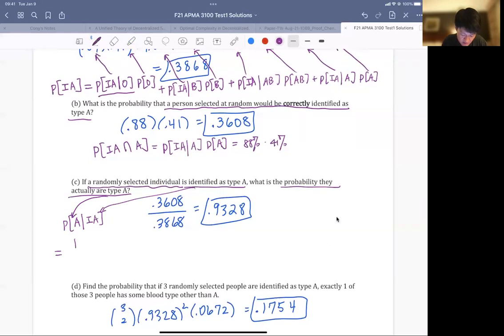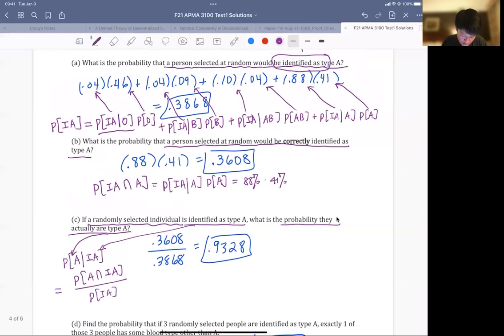We use conditional probability here: the probability of A intersect IA divided by the probability of IA. This numerator is from question B, and this denominator is from question A. Just plug in, and that's how you get these numbers.